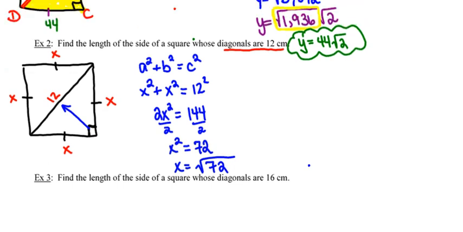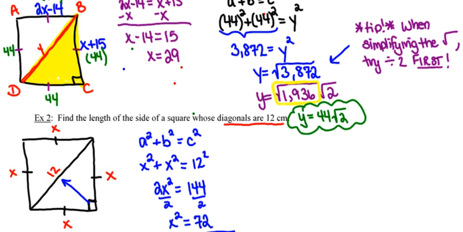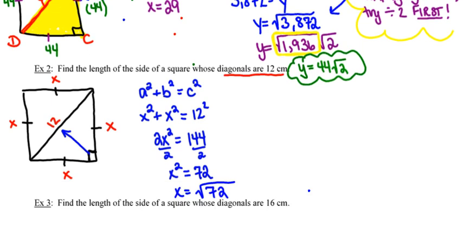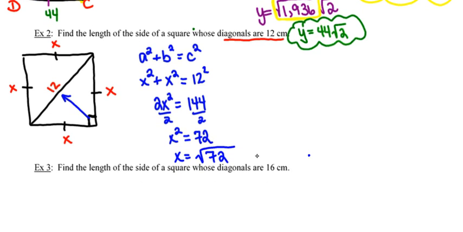And when simplifying this radical, I'm going right back up to this hint, because when you're working with squares, that tip is super helpful. So when I divide the 72 by 2, I find that 36 times 2 is 72.